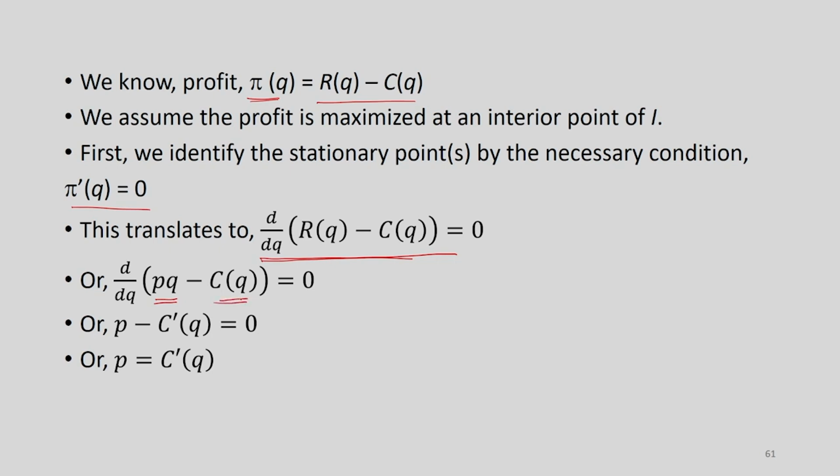So, this is PQ minus C of Q. And if I differentiate this with respect to Q, I get P minus C prime Q. C prime Q is the derivative of the cost function with respect to Q. Here the perfect competition market condition is coming into effect, because P is fixed, it is a constant, it is not a function of Q. That is why we get a simple expression of small p as the first term on the LHS. Alright, so this becomes P is equal to C prime Q.